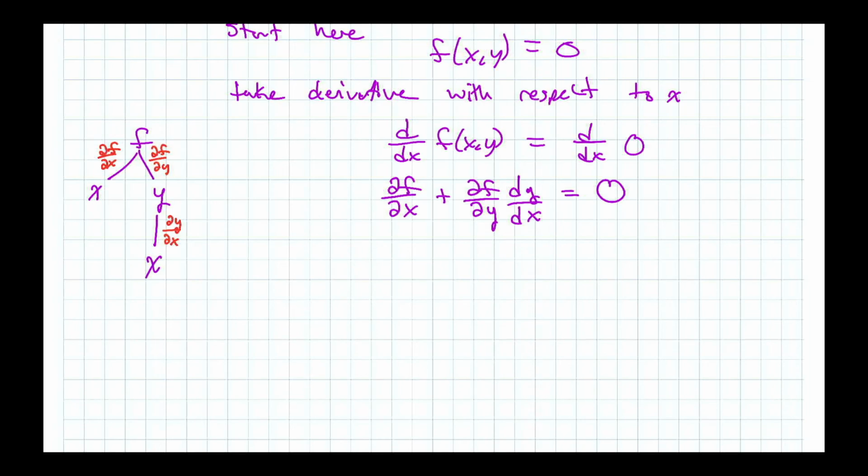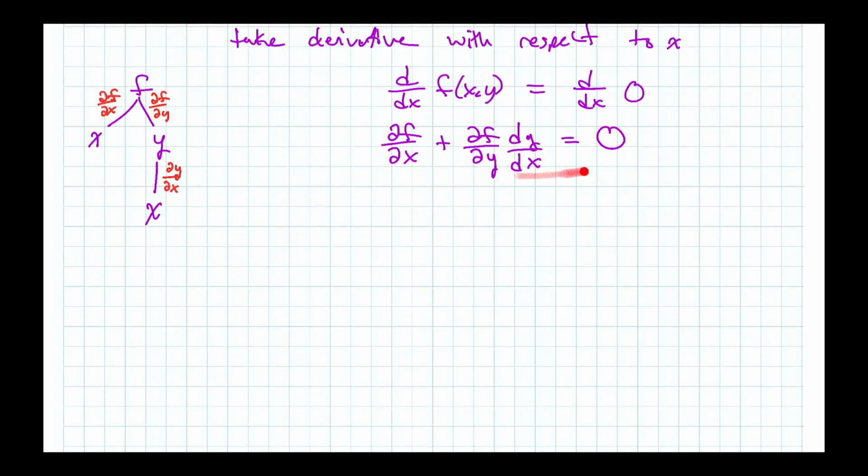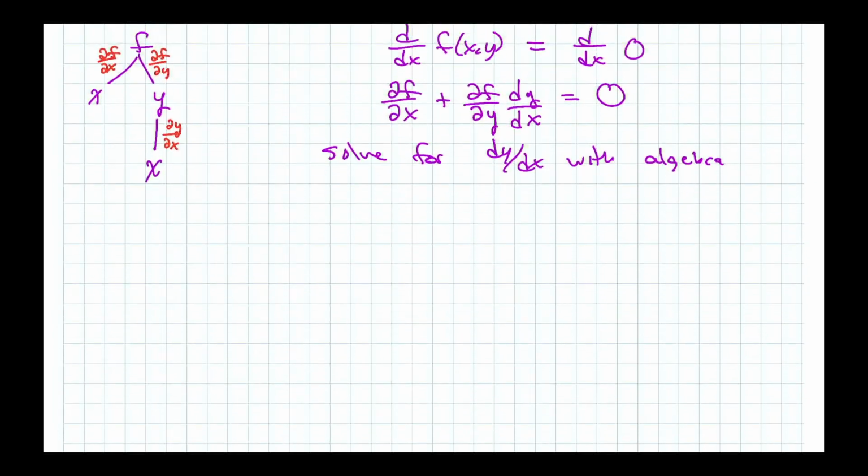And then if you were trying to find dy dx, remember that was the question here, what is dy dx? You would then solve for dy dx with algebra. And that's not that hard. You would take the df dx over to the other side.